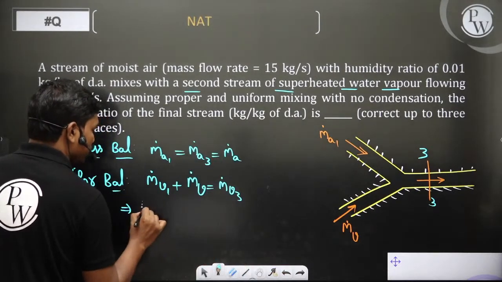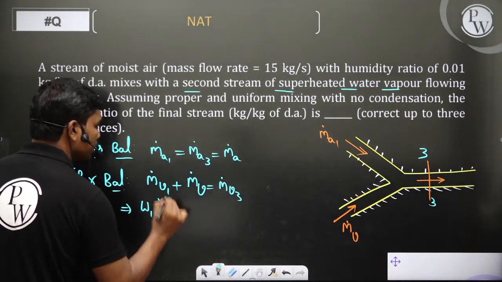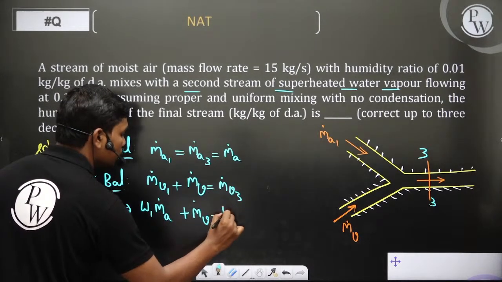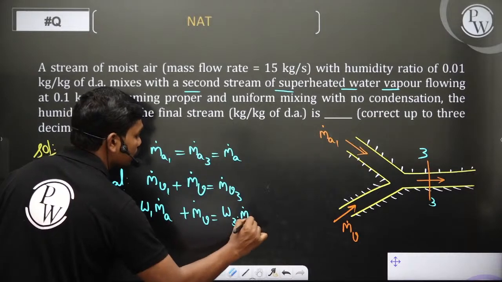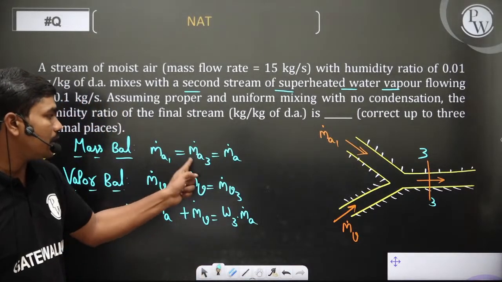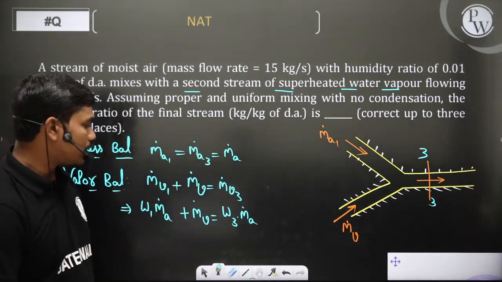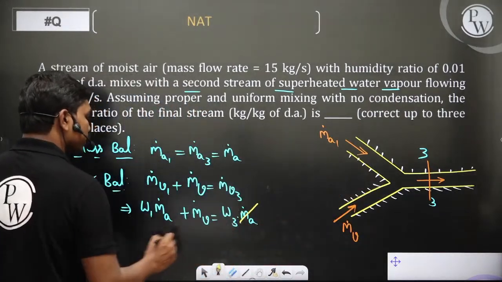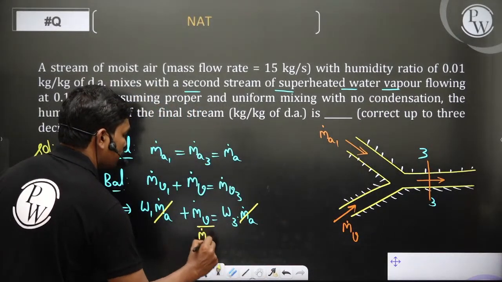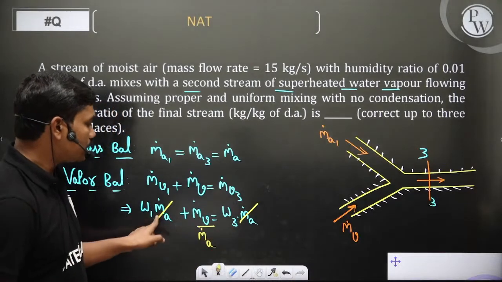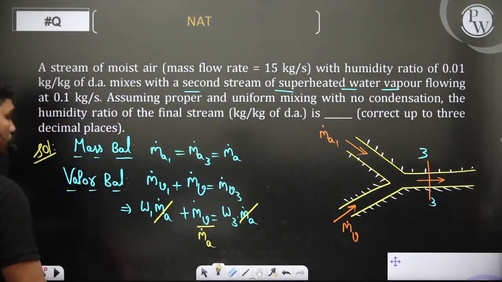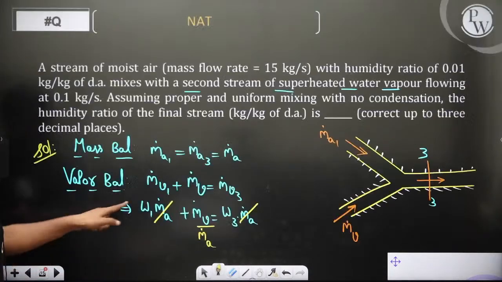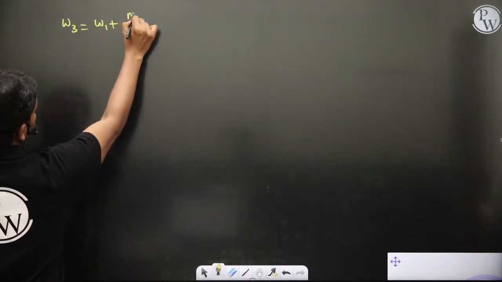Omega 1 times m dot a, plus m dot v is equal to omega 3 times m dot a, because m dot a1 and m dot a3 are equal, and that's equal to m dot a. Now let's see what we can do. If you cancel this m dot a all over, omega 3 is equal to omega 1 plus the ratio of these two. So omega 3 is equal to omega 1 plus m dot vapor by m dot air.